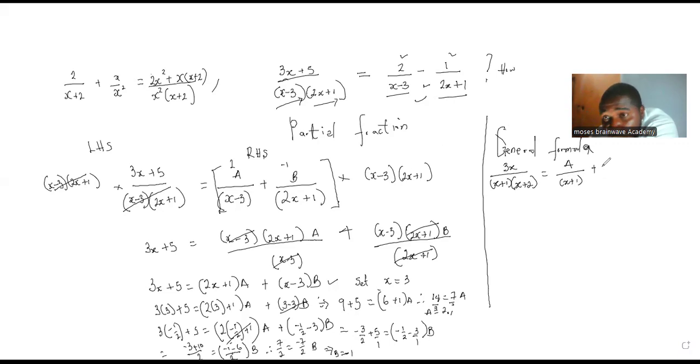Then you have plus another constant upon an x plus 2, right? So we're going to do the same thing again. We'll multiply everywhere by this expression.